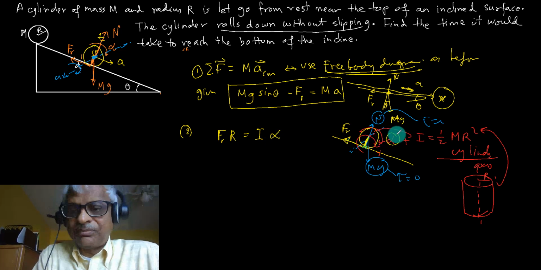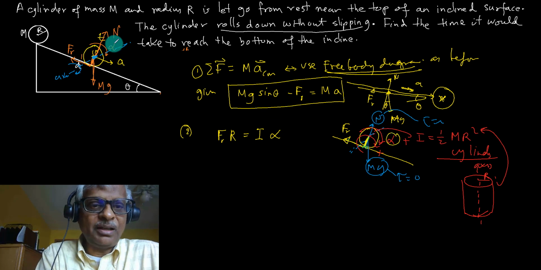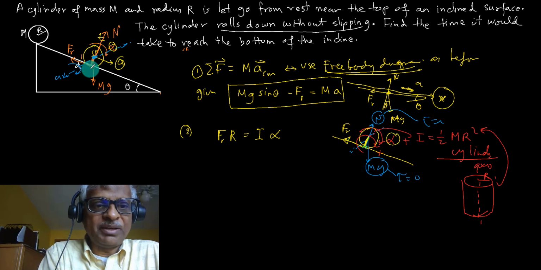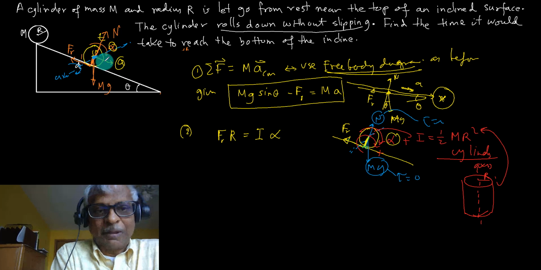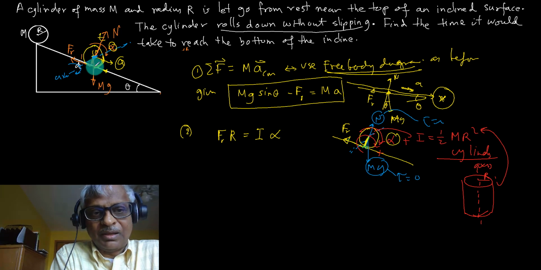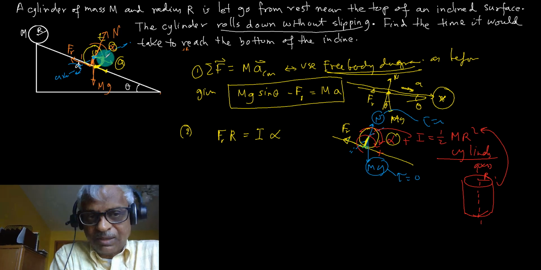Now this alpha and this A will be related, because the distance traveled along the surface is related to the arc length, and that will be the angle.